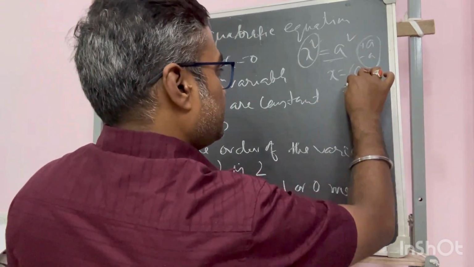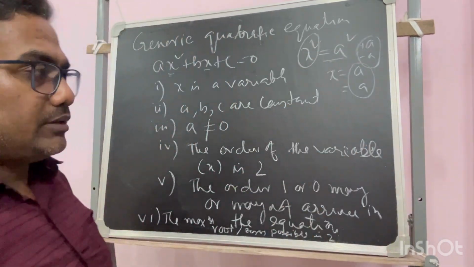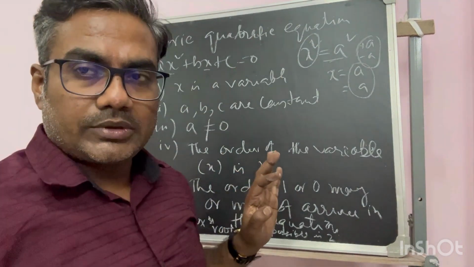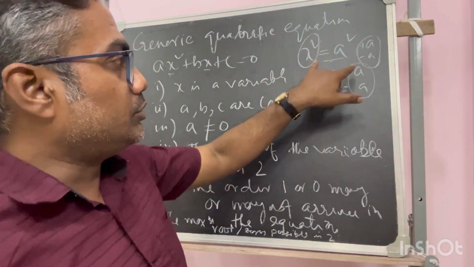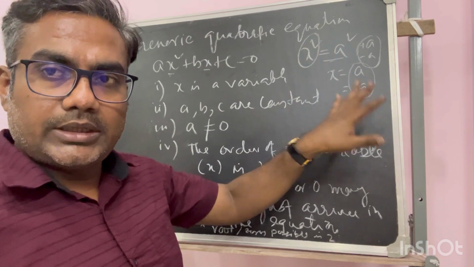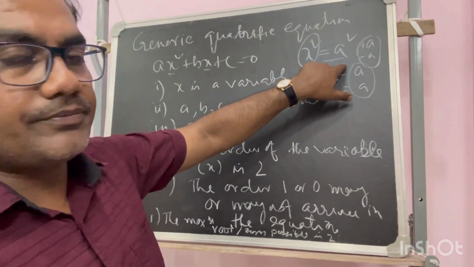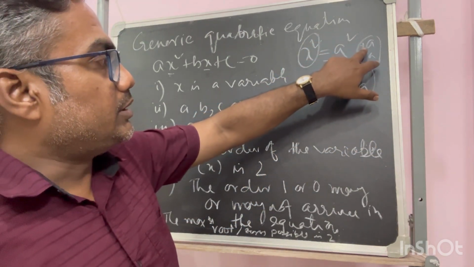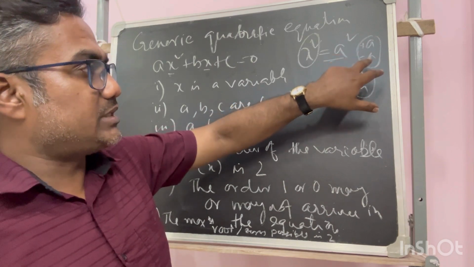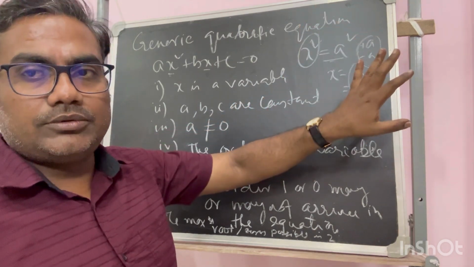But even if I get both a, that is also not wrong. Both the things equal to a will give you this expression. Both the things being a, or one is plus a and one is minus a, will also give you the same result.